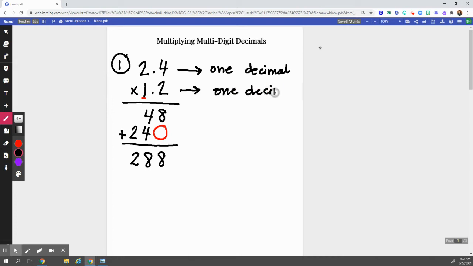So 1 plus 1, our answer should have 2 decimal places. There we go. So we have 1, 2, and our decimal would go right in there. Okay, so just like we had said before, it should be a little over 2.5, which it is.